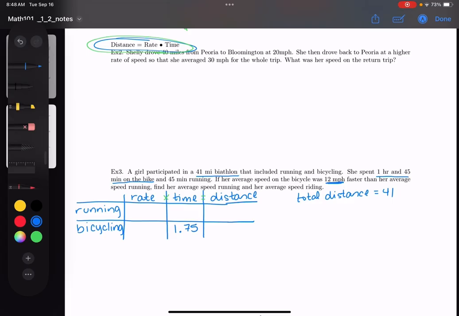So 1.75. And then her 45 minutes running, we'll write that as 0.75. And again, the reason I'm doing this is because I don't want to be in minutes, I want to be in hours. So I'm just having to do a little bit of conversion there.